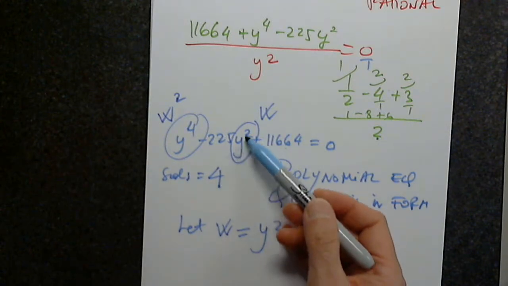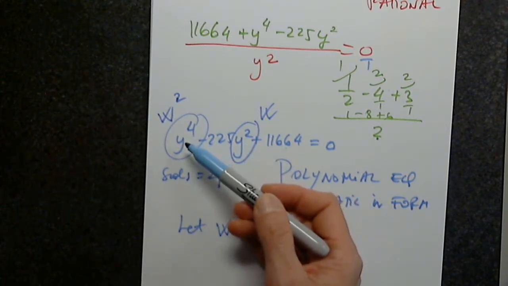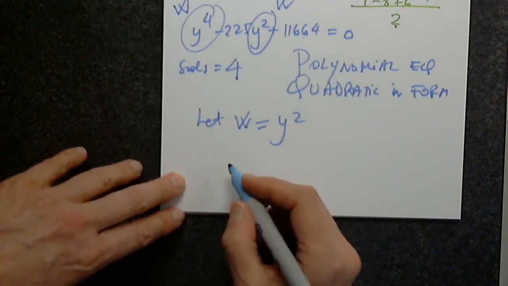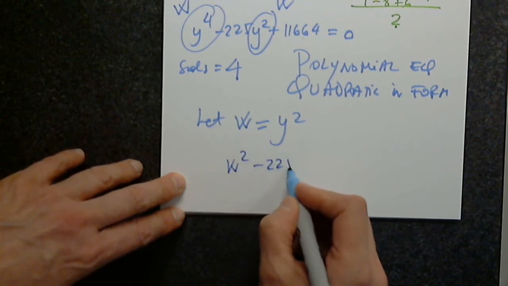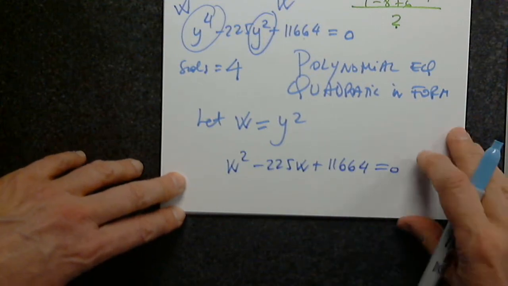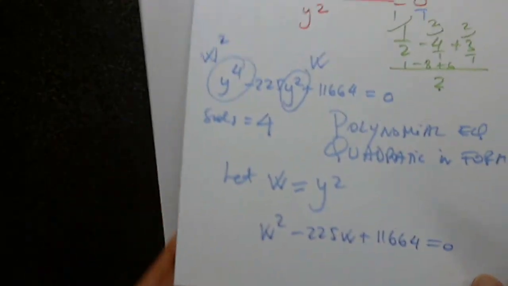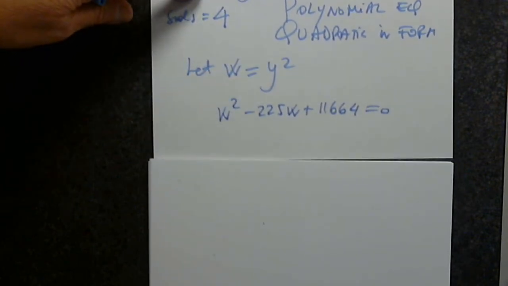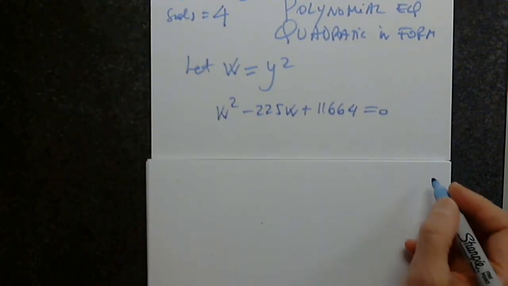It is, because when you square y squared, you get y to the 4th. We cannot just fabricate it, right? It's there. We know that. So now the new equation is W squared minus 225W plus 11,664. Don't try to factor. The numbers are too big. There's no need for that. We have a method that allows us to solve it quickly. What is it?